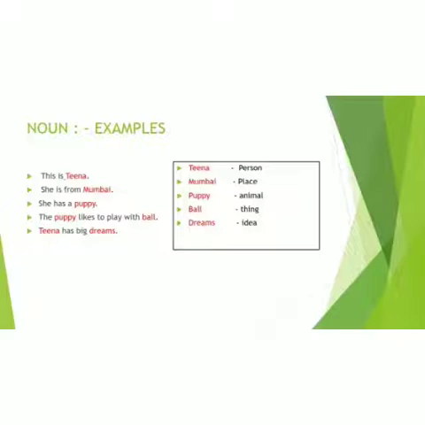Let's understand, nouns are everywhere. Nouns are words that name animate and inanimate objects. As we discussed, nouns also name ideas, qualities, feelings, and conditions.